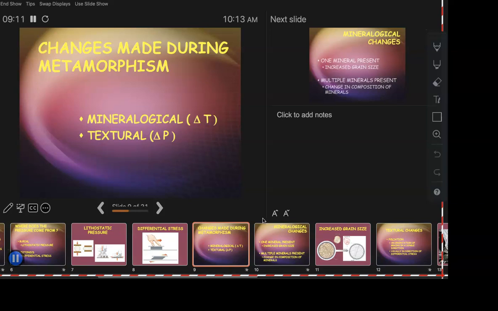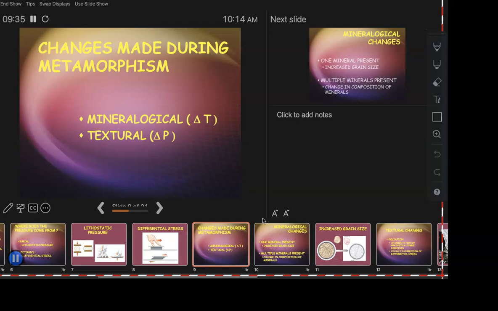Yeah? Why wouldn't they put delta T on textural and make mineralogical like delta M or something? Well, because it stands for a change in temperature and a change in pressure. The T is for temperature and pressure. It's just unfortunate that the T matches up sort of there with textural.